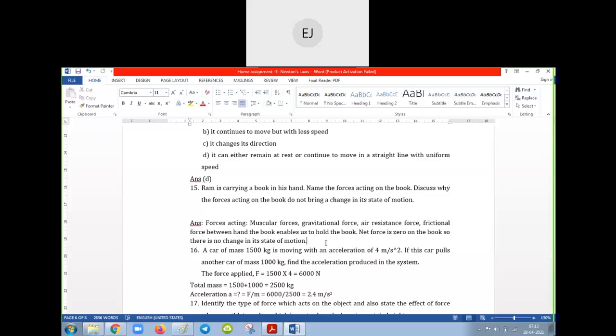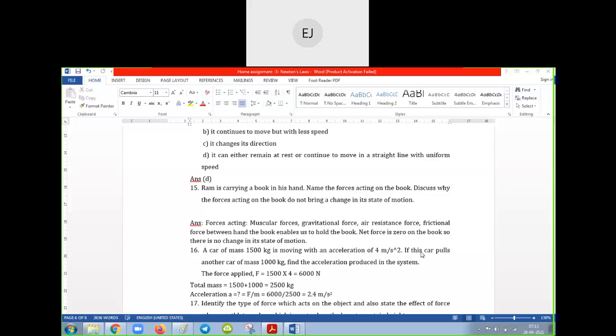So why is there no change in the state of motion even though these many forces are acting? Because the net force acting on the book is zero. Net force acting on the book is zero. So that's why there is no change in its state of motion.